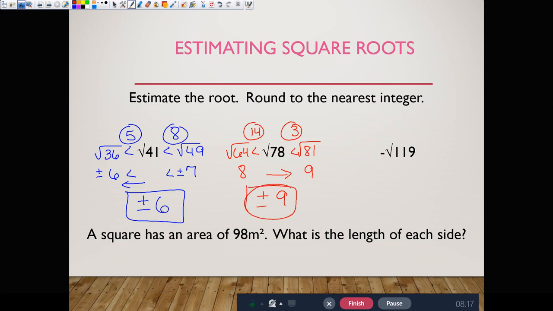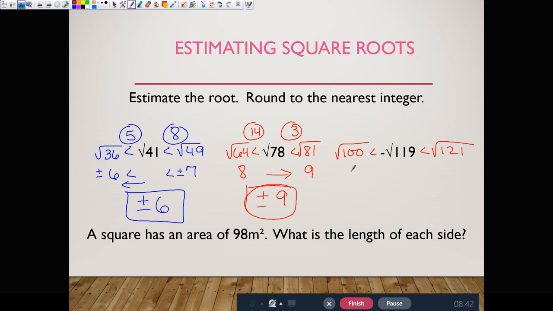All right. This one we're just going to have a negative answer, but we can still find it the same exact way. So which two perfect squares is 119 in between? 100 and 100 is 10. What's 11? 121.